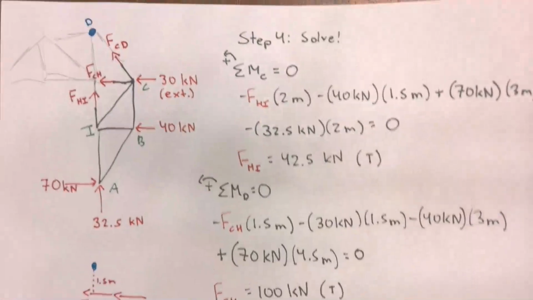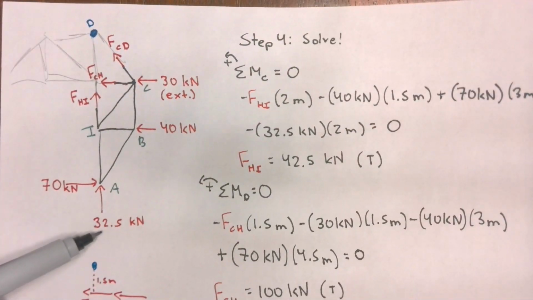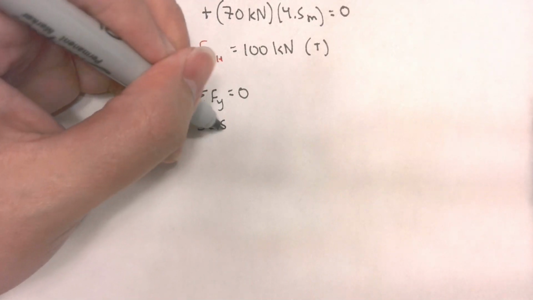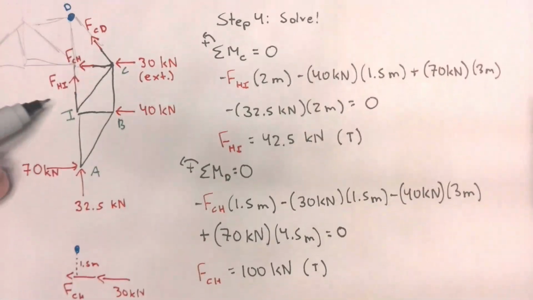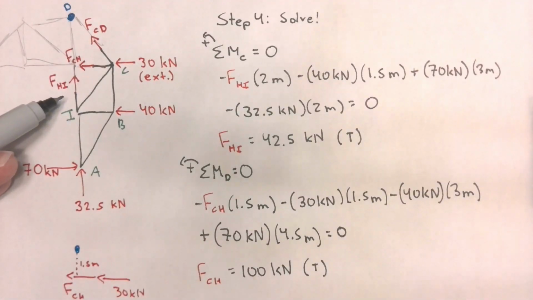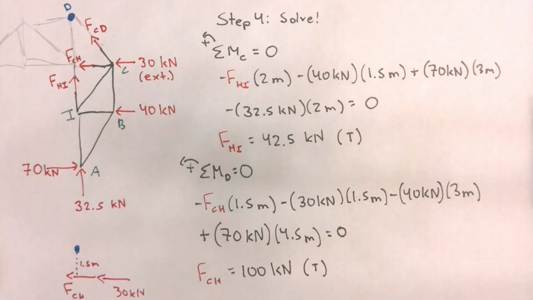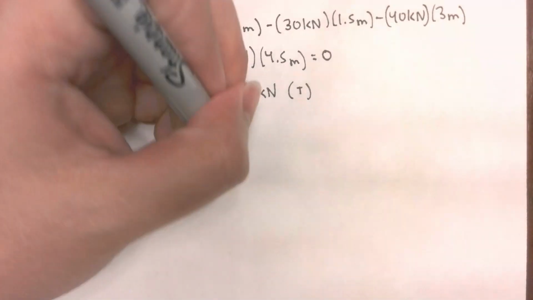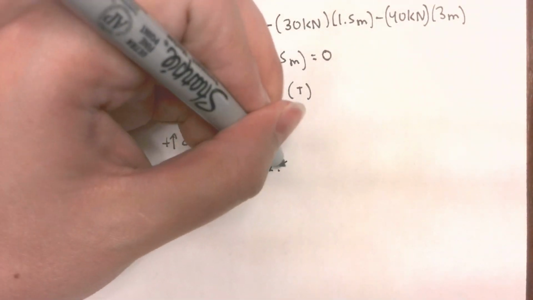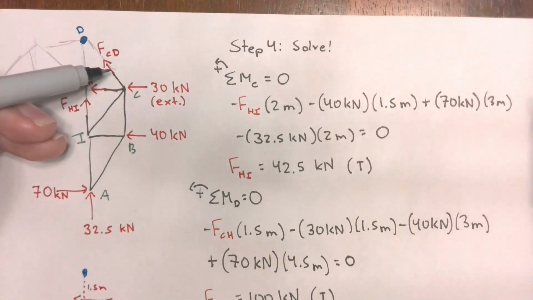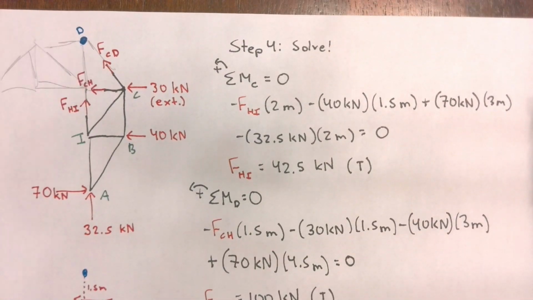So if I take a sum of forces in the y direction equal to 0, I have the following forces in the y direction. From bottom up, I have 32.5 kilonewtons positive. I have my force HI, which I already found to be 42.5 kilonewtons, also positive. And then I have the y component of this force CD.